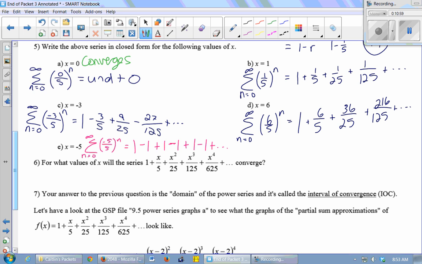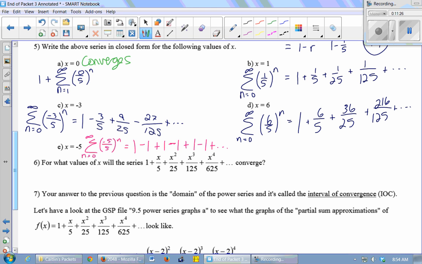Maybe we just have to define this: my first term is 1, and then the rest is 1 plus the sum of 0 over 5 to the n, starting at n equals 1 instead of 0. So that works. All right, so that one converges.